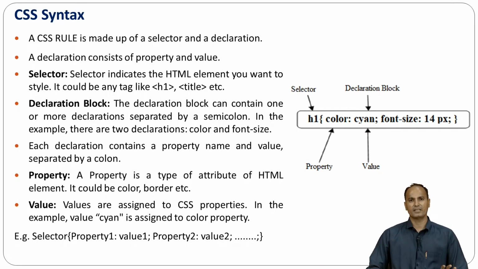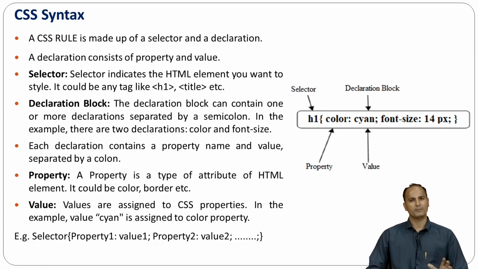Generally the selectors are the HTML elements on which we want to apply a styling mechanism. Then there is a declaration block, which contains attributes and values, or we can say properties and values. So what kind of properties do you want to apply, through its values, on a web page?